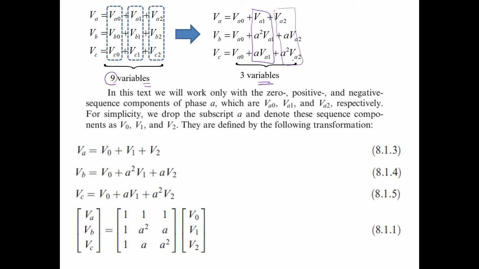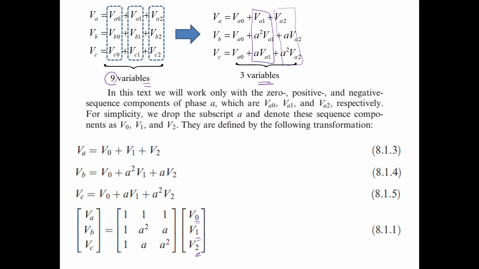In order to get VC in negative sequence, you rotate twice. So now you can reduce the nine variables to just three. Now you can rewrite this equation in a matrix form like this. You can see that VA, VB, VC can be expressed in terms of V0, V1, and V2.